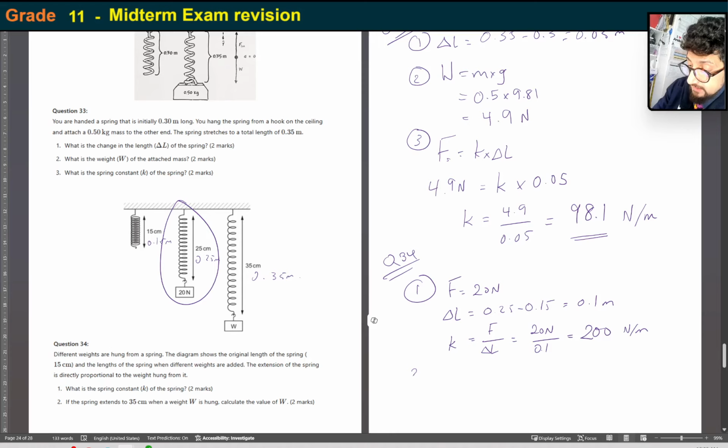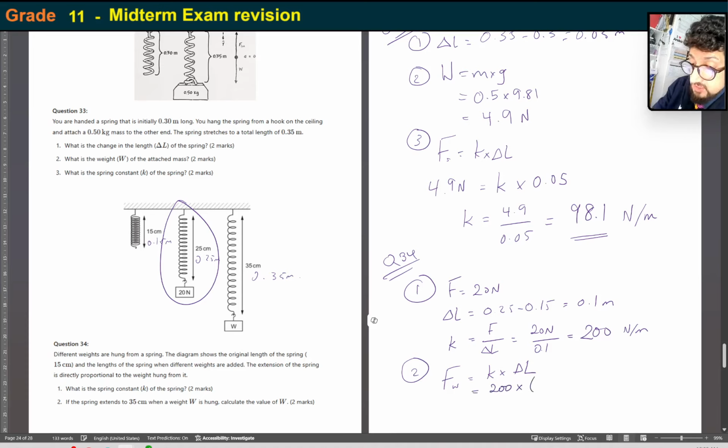Okay, and question 2 is asking about if the spring extends to 35 centimeters, when a weight W is hung, calculate the value of W. So now that we've worked out K, we can work out what W is going to be because, well, that's just going to be the force, isn't it? The force is W, which is equal to K multiplied by the extension, and it's going to be 200 multiplied by the extension.